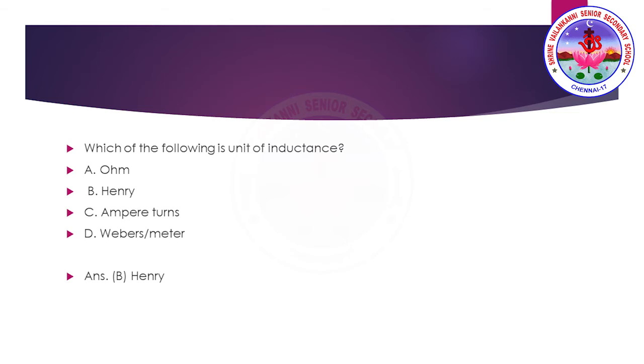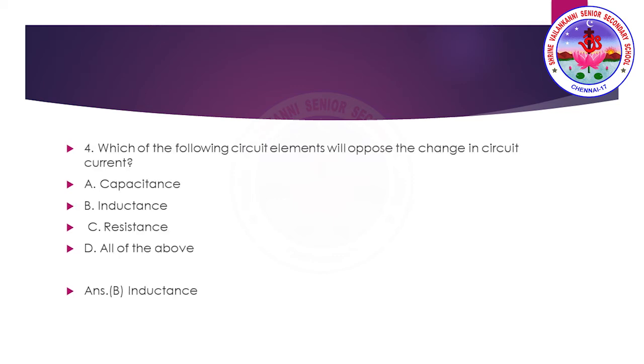Question number 3. Which of the following is the unit of inductance? Option A, ohm. Option B, Henry. Option C, ampere turns. Option D, Webers per meter. So, the unit of inductance is option B, Henry is the answer. Question number 4.